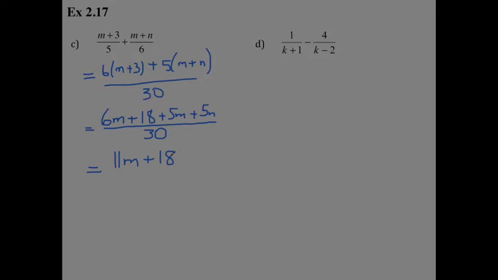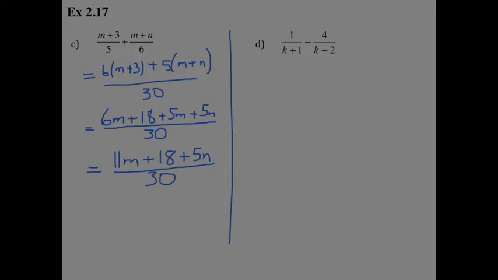Now you write the next bits, the order's not that critical. Now if I look at all 4 parts, is there a number that goes into 11, 18, 5 and 30? Only 1, so that can't cancel. There's my final answer. Let's go to part D.